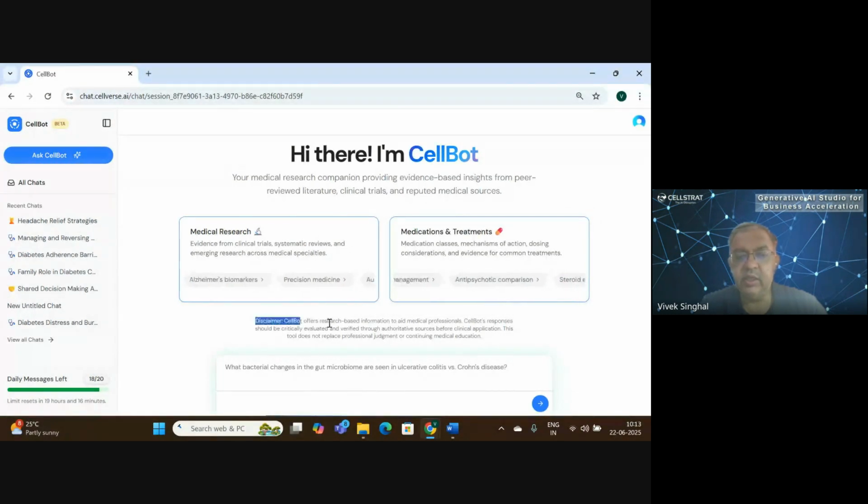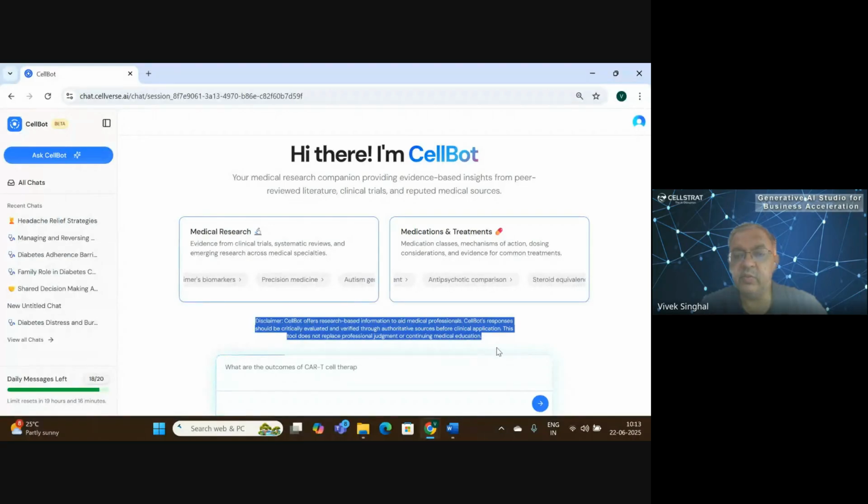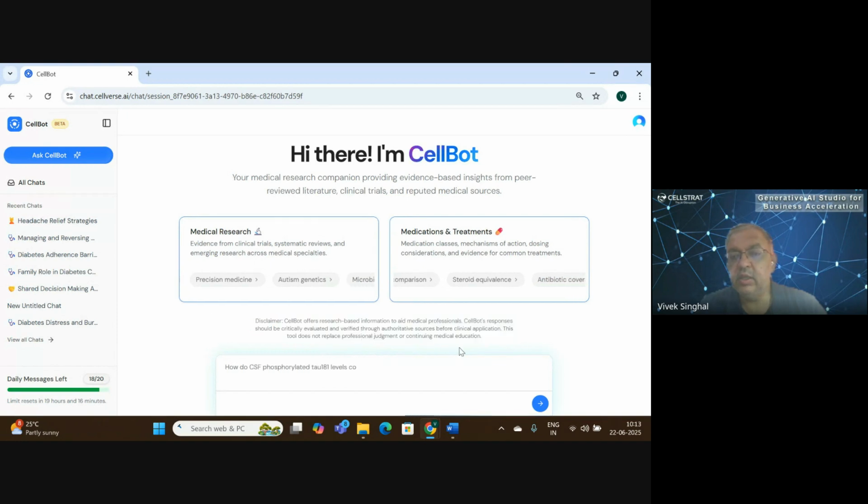There is a disclaimer here that CellBot offers research-based information to aid medical professionals. It should be critically evaluated and verified through authoritative sources before clinical application. It does not replace professional judgment or continuing medical education. So this is not to be taken as a medical diagnosis, and that's a disclaimer there, just so that people are clear that this cannot replace the authorized sources of information, either for doctors or for patients.